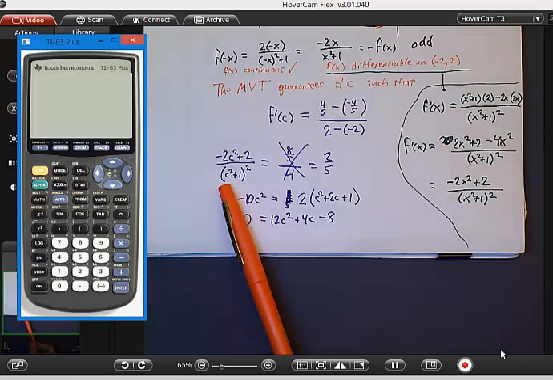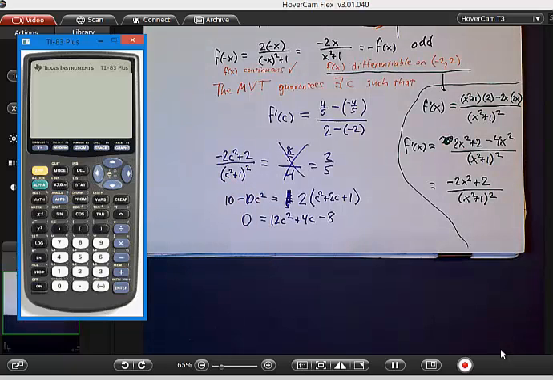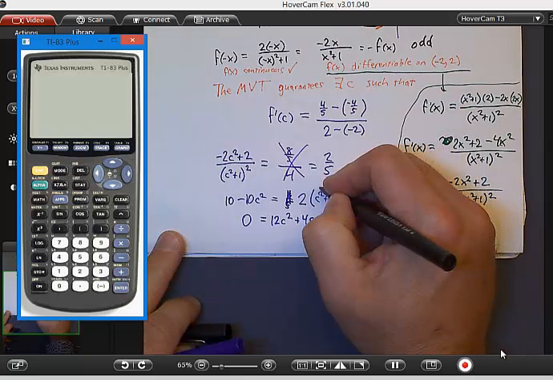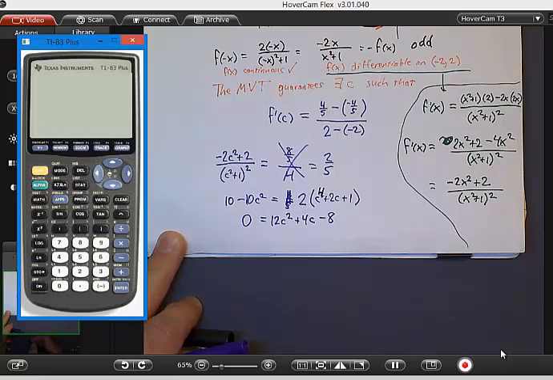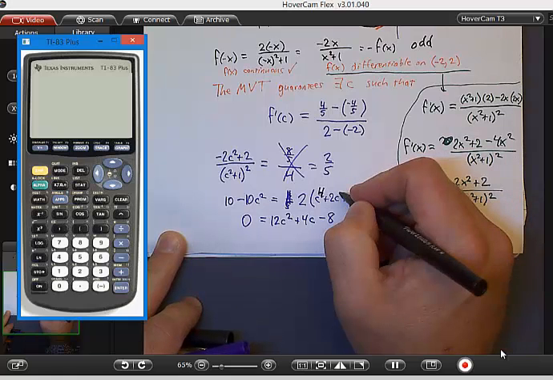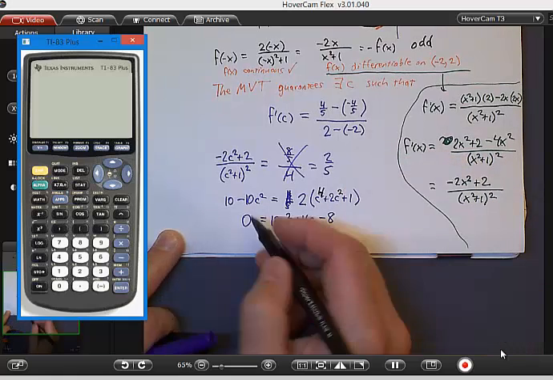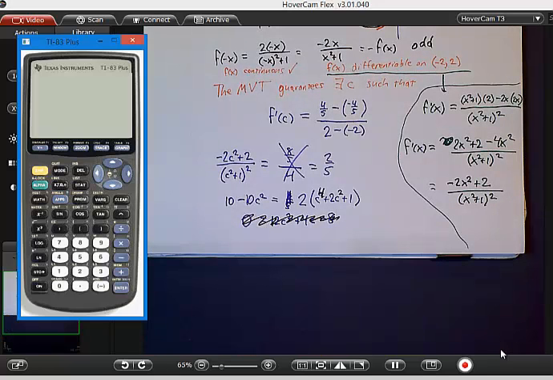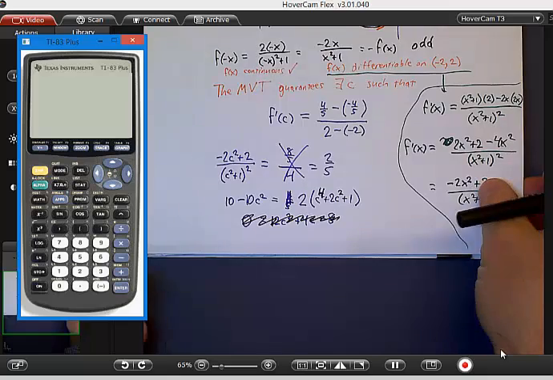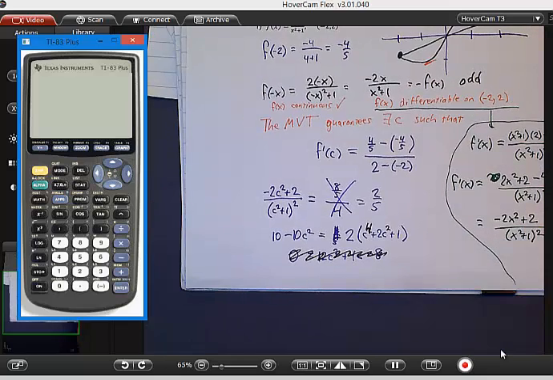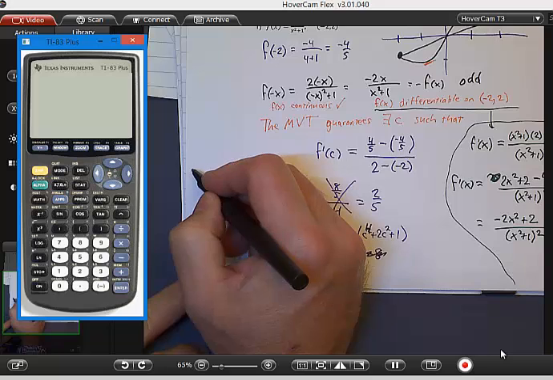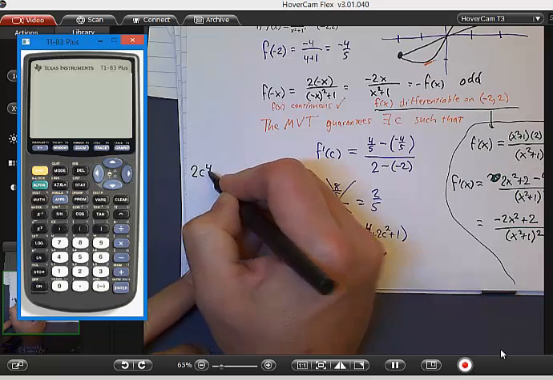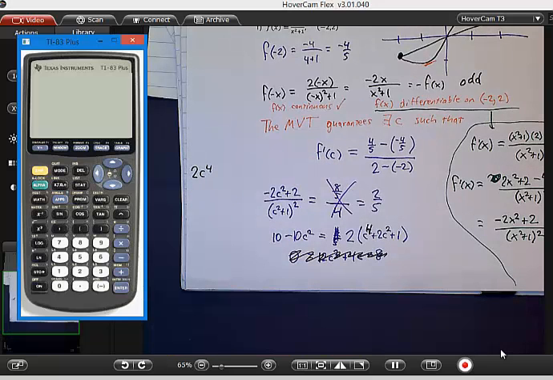So when I square c squared plus 1, this is c to the 4th plus 2c squared plus 1. So let's try again. All right. Do I have enough room? I think so right here. So I have 2c to the 4th would be the highest degree term I have.